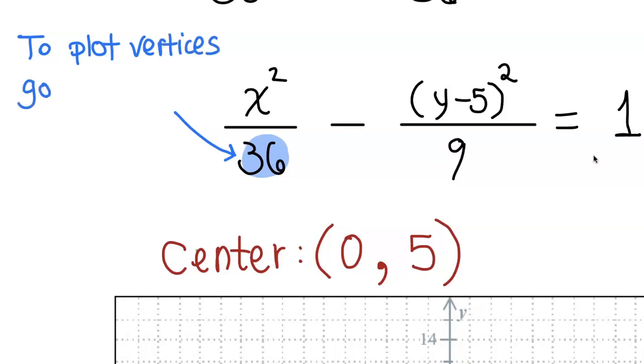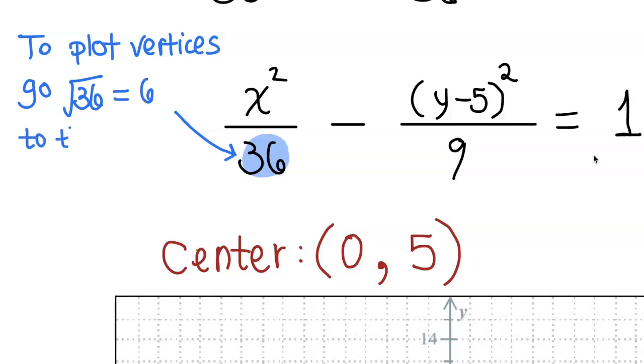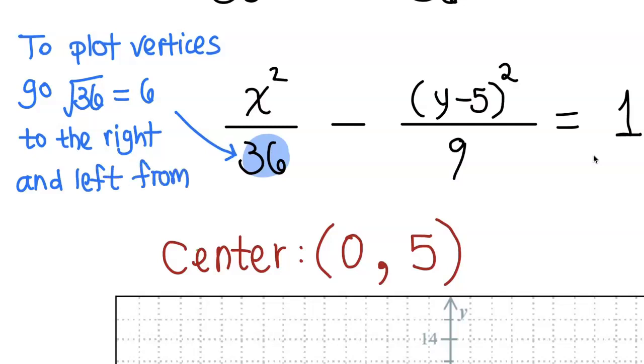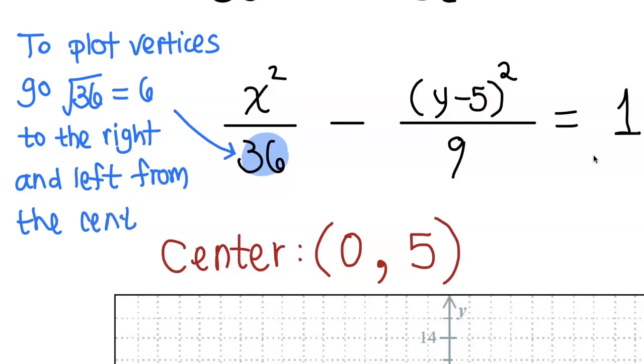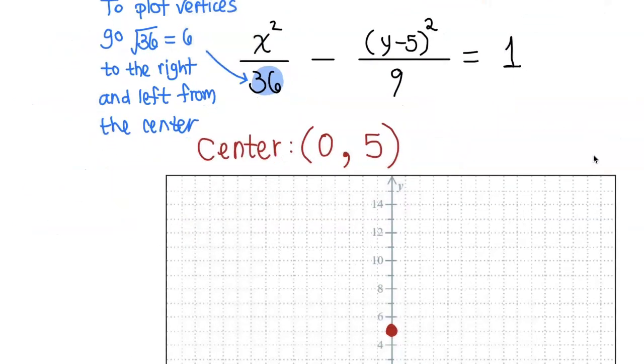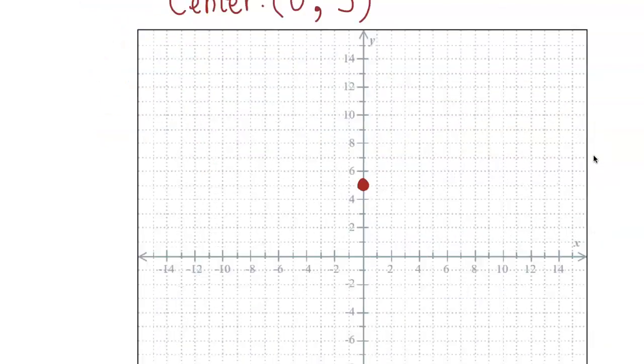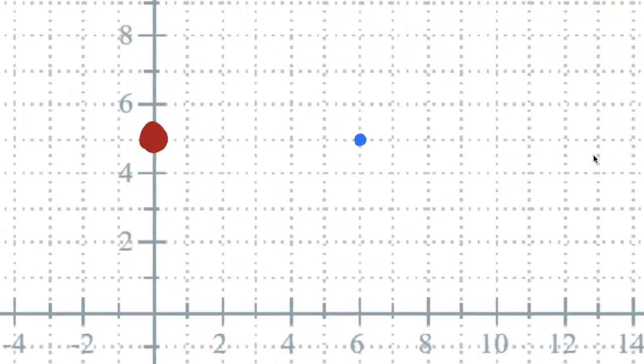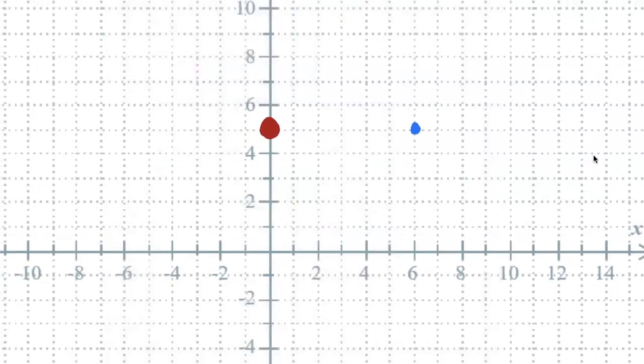Go square root of 36, which is 6, to the right and left from the center. So watch, from the center, let me go right 6. Ta-da, here's the first vertex. From the center, let me go left 6. Ta-da, here's my second vertex.